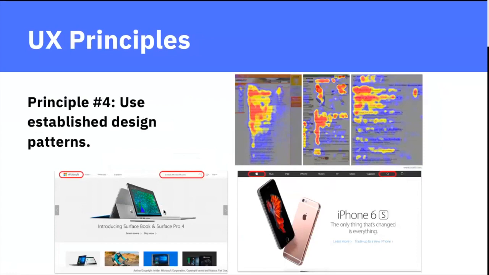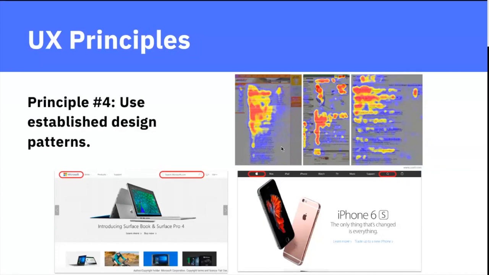For example, red always means danger, and green always means success, or that things are going well. Another example of a design pattern is the F-shape design pattern.